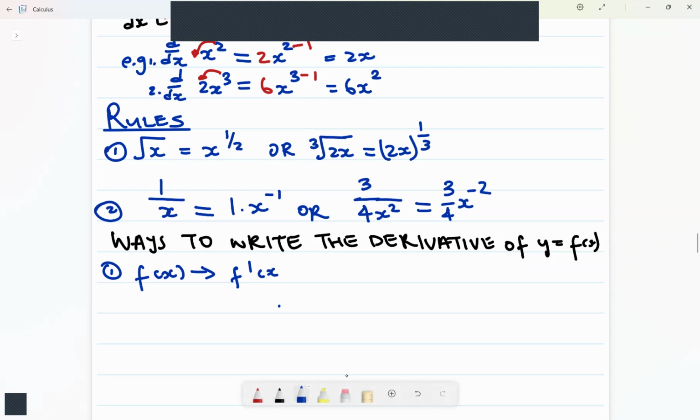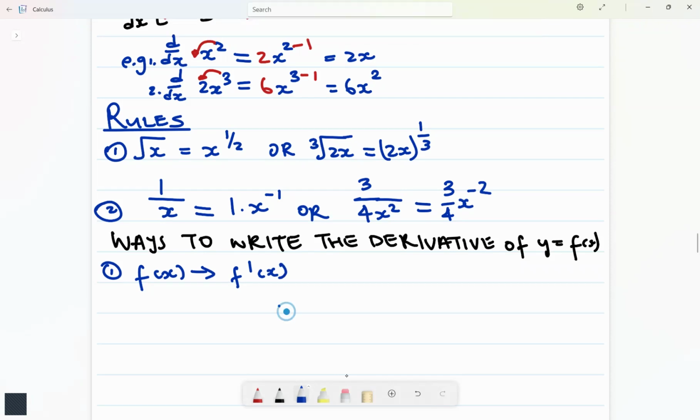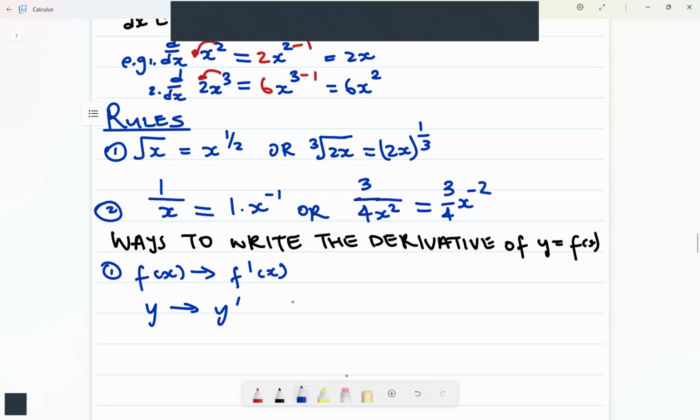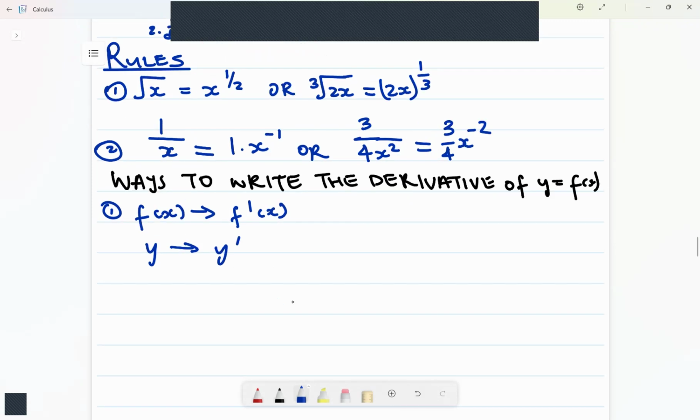Okay, then we say f of x is denoted as f prime x. Then if we have y, you're going to denote it as y prime. This one is called f prime x, or the derivative with respect to x.